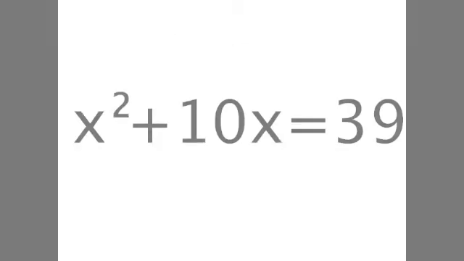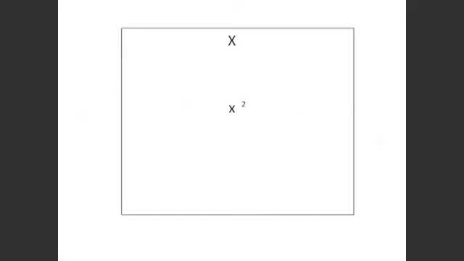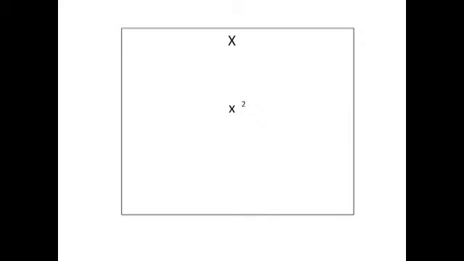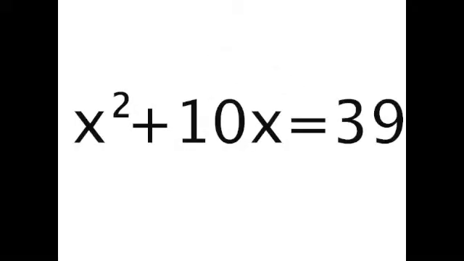Let's say we wanted to solve the equation x squared plus 10x equals 39. First, he drew a square with the side of x, making its area be x squared. Then he added 4 rectangles, their areas adding up to 10x. Each rectangle had an area of 10/4 x. This must equal 39.